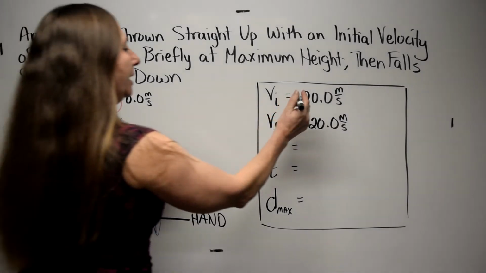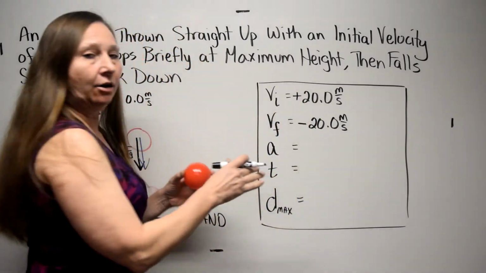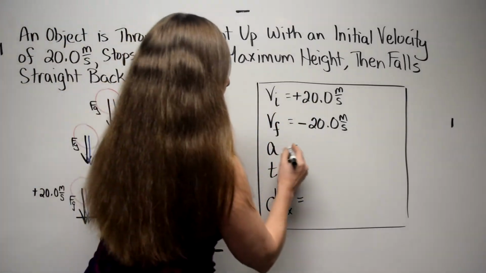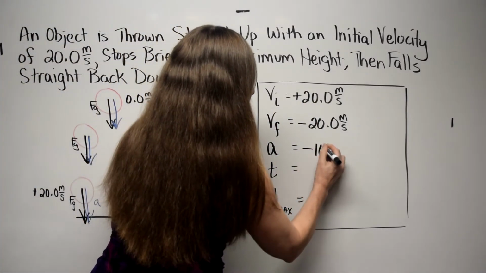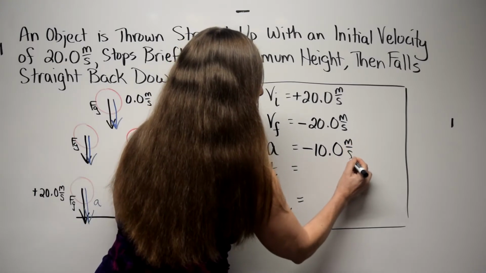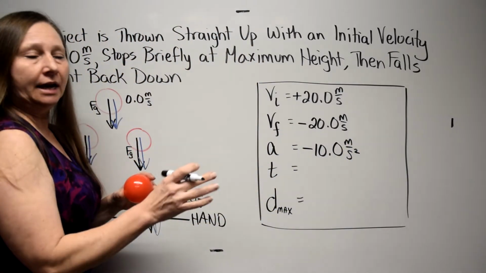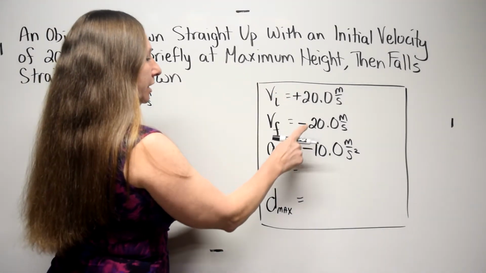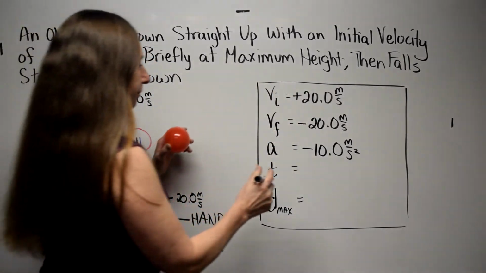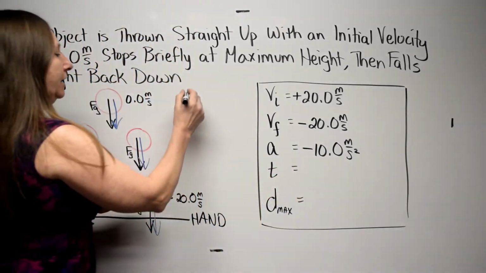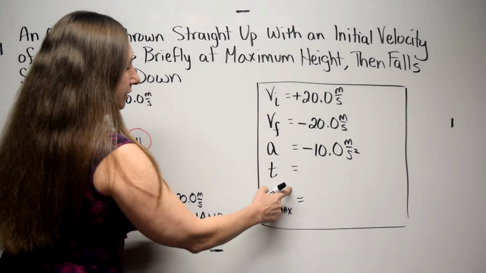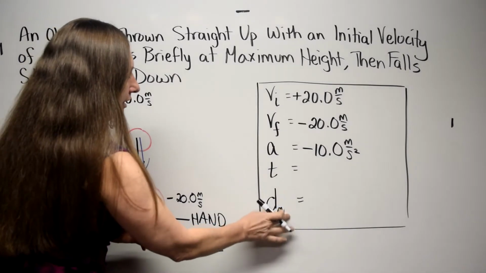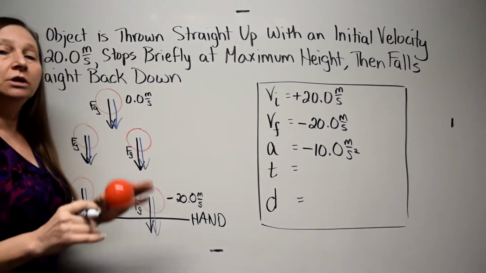All right, so up at positive 20, down at negative 20 meters per second. The acceleration the whole time is negative 10 meters per second squared. I'm putting the negative there because I'm making a distinction between up, positive 20, and down, negative 20. Now, according to the magic chart, let's figure out the amount of time, and let's not do d max, let's do the total displacement.